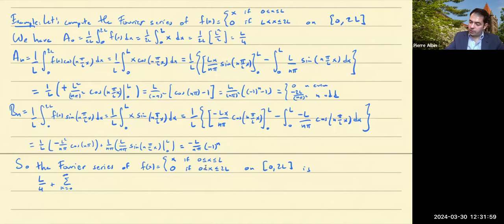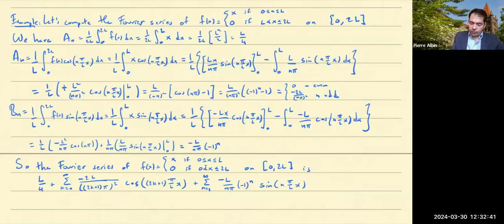So for the cosine terms, only the odd ones show up. So we're going to have minus 2L over, and instead of n, we're going to put 2k plus 1, because we only want the odd ones. Right, the cosine of, instead of n, I'm going to put 2k plus 1, pi over L x. Right, and then the sum, n goes from 1 to infinity. The sine terms, I have minus L over n pi times minus 1 to the n sine n pi over L x.